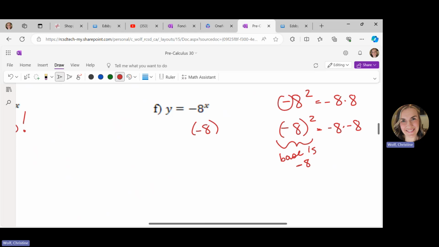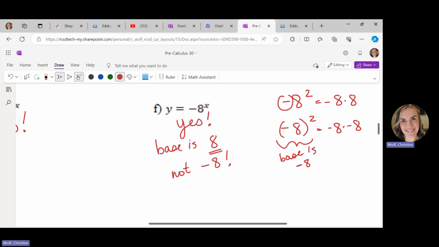When it's outside of the brackets, it is not included. It's not repeated. It's just kind of floating around. So here, erase this. This is an exponential function because the base is 8, not negative 8. That's all good. So be careful with that.